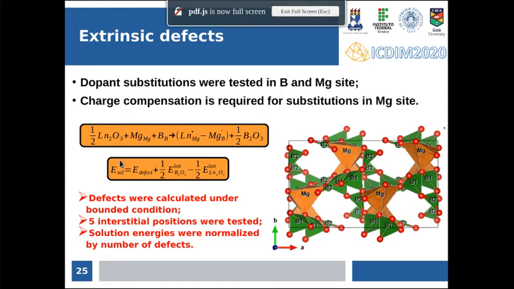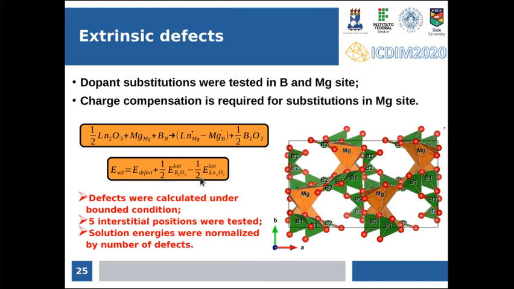Here is the solution energy for this, and defects were calculated under boundary conditions, that is, this defect was close to this and interacts one with the other, and you have 5 interstitial positions tested, and the solution energies were normalized by the number of defects.